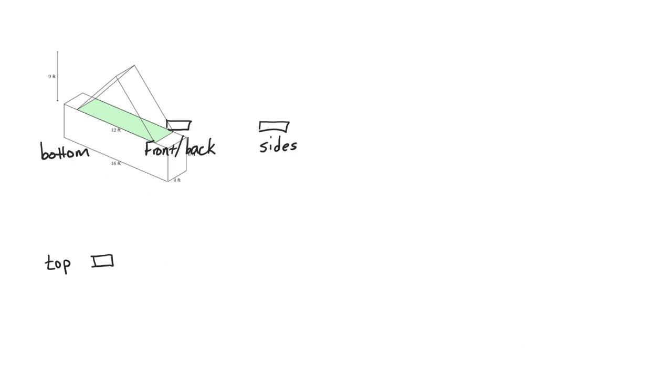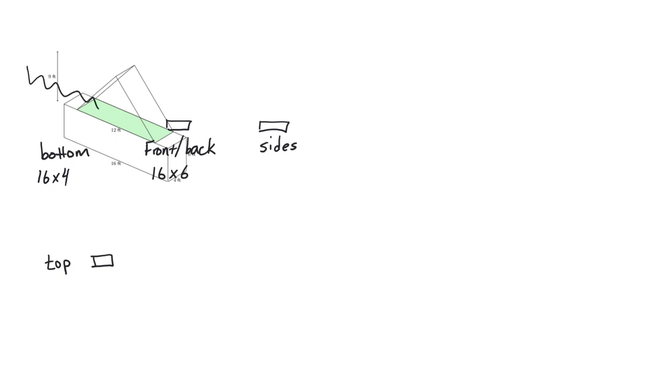So focusing on the bottom shape first, the bottom of my rectangle is going to be 16 times 4. The front of my rectangle is 16 times 6, so that's this one here.